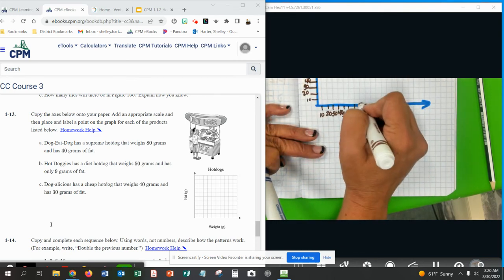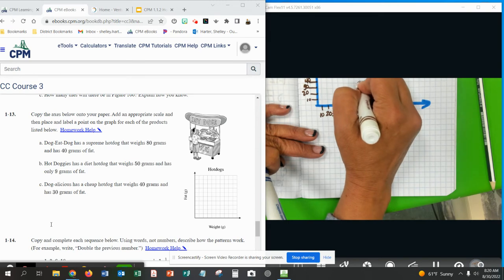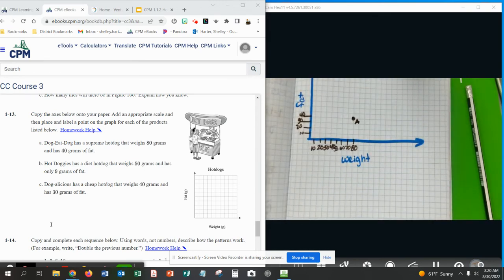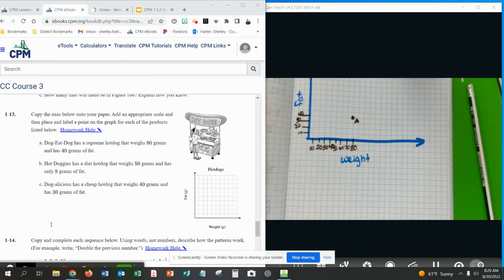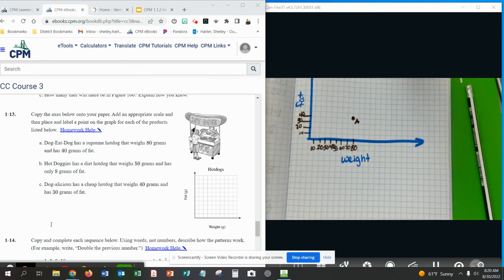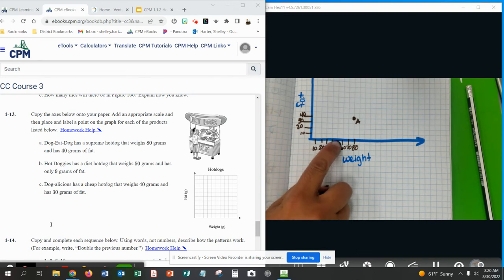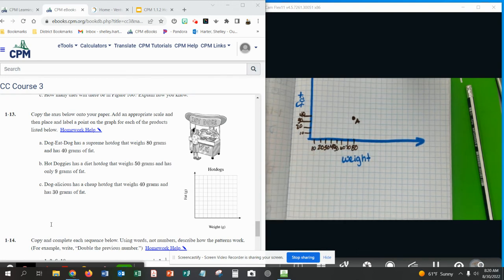So this one's here for A. The next one is 9 grams of fat, so it's down here with 50 grams and weighs 50. But I'm not going to do all of them for you.